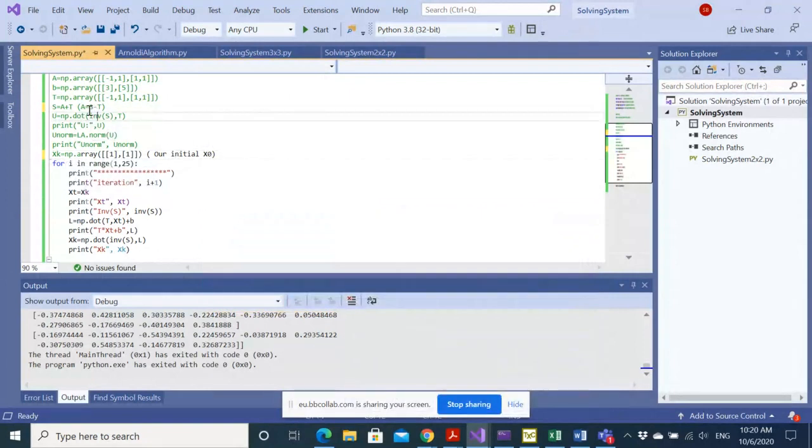Yes, Abdulaziz. What do you mean by S inverse times T? What does it represent? S inverse times T is the multiple which we use to judge whether we are reducing the error or not. I mean, the target we want to reach is the exact solution to our system, right?